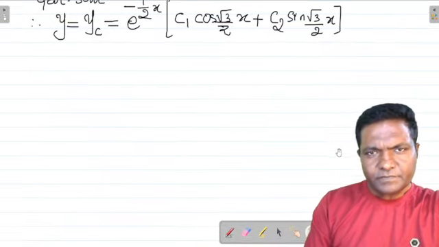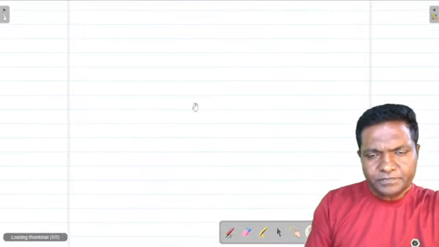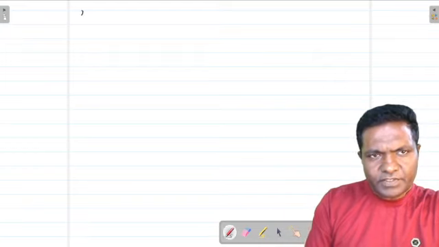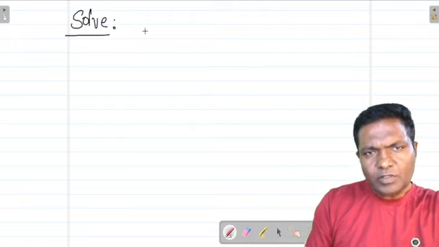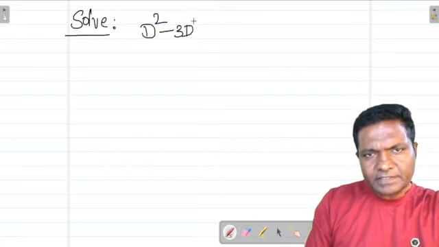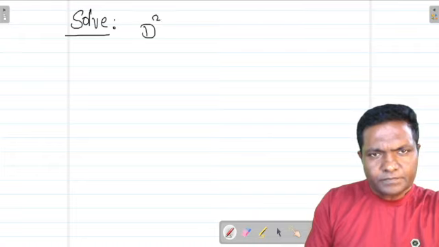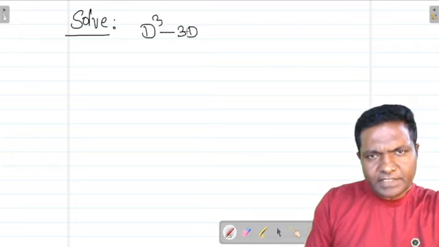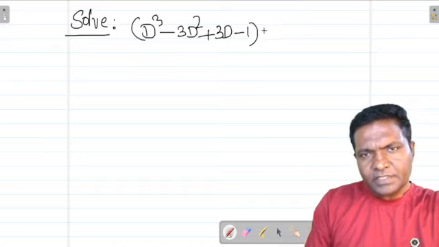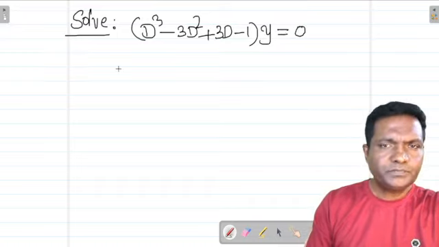Now see here, take another example. Suppose this is the question to be solved. Solve (D cube minus 3D square plus 3D minus 1) y equals 0.